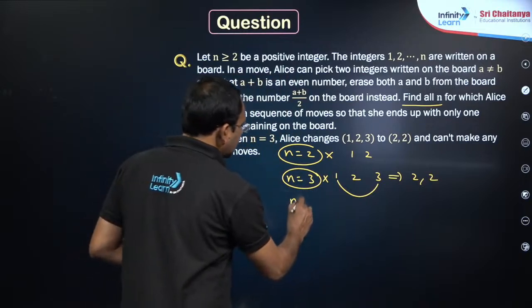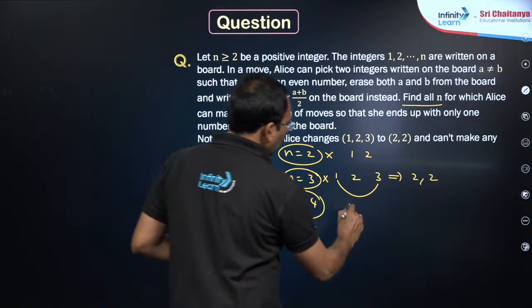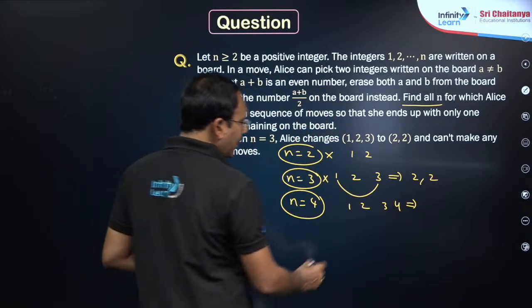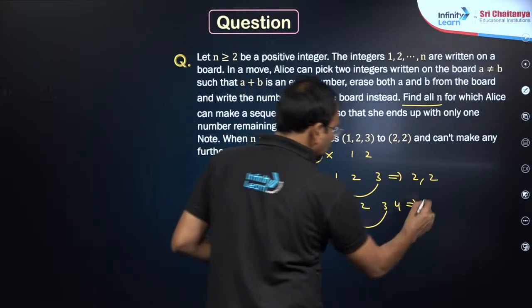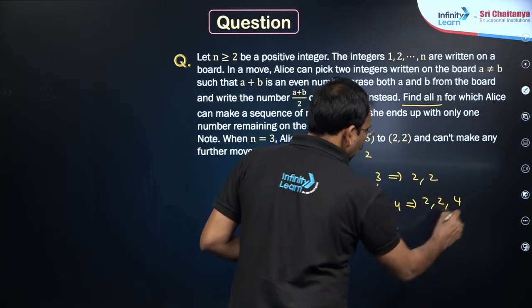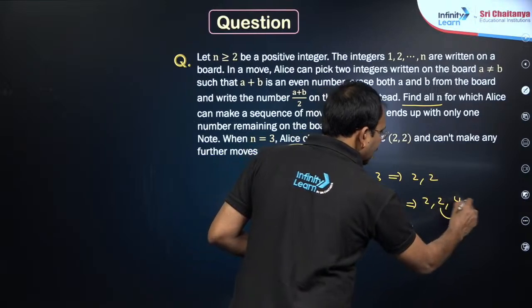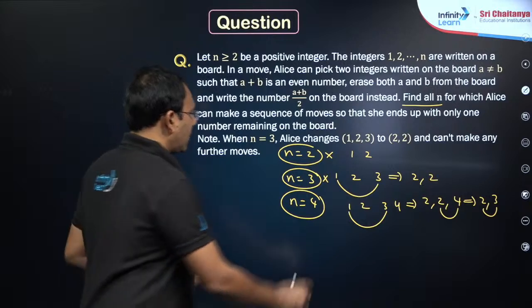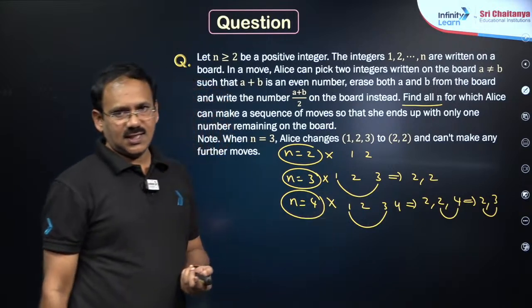If you take n equal to 4, 1 2 3 4, you can replace 1 and 3 with 2, giving 2 2 4, then you can replace 2 and 4 with 3. So you get 2 3, you cannot move further, so n equal to 4 is also not a successful case.